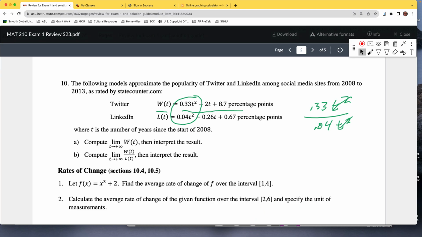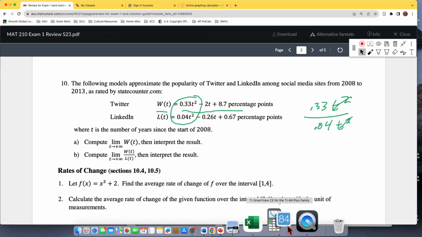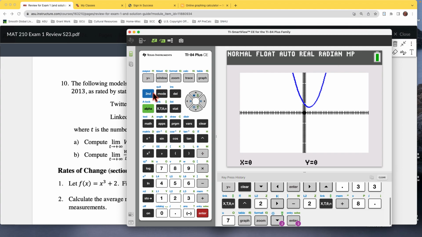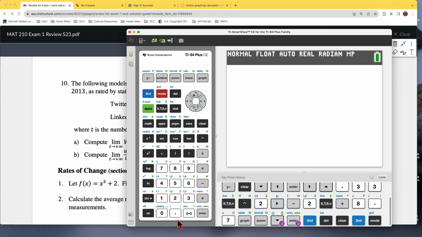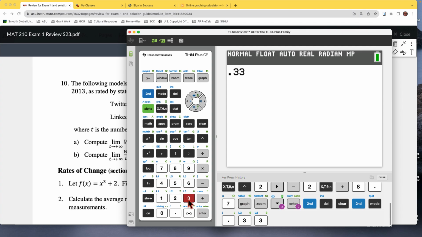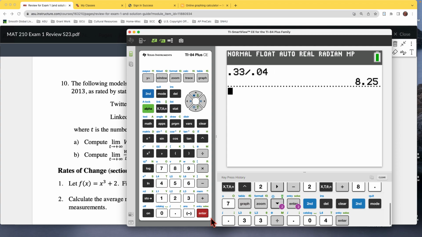Let's go ahead and do that. So I'll go back to, let's see, clear. 0.33, and I'm not even graphing it, divided by 0.04 is 8. Well, I was way off. 8.25.